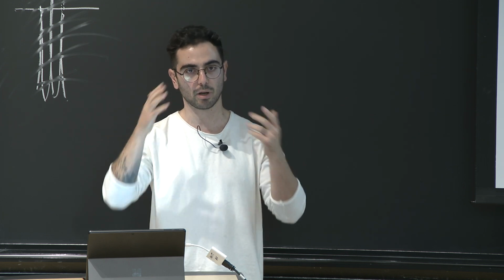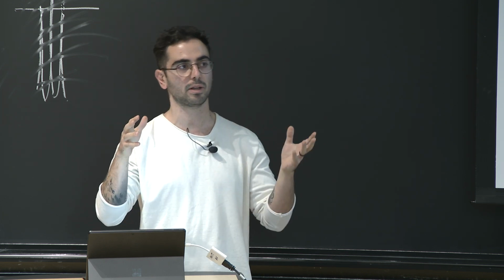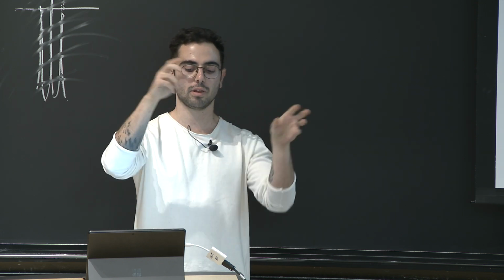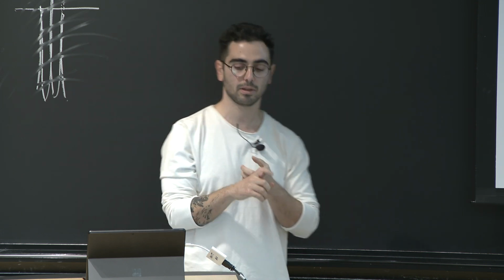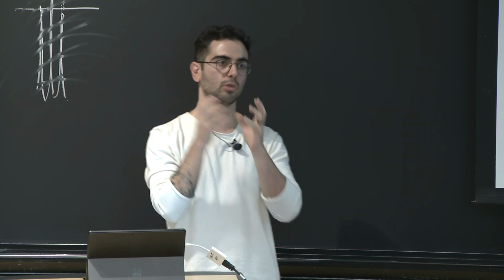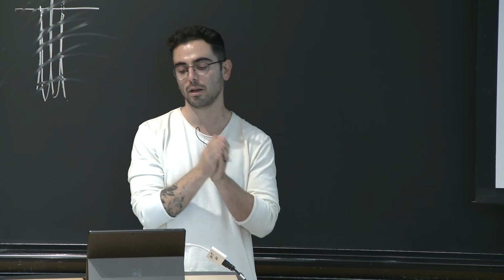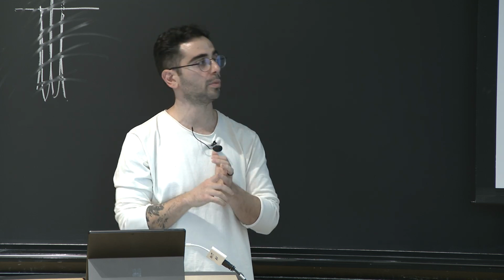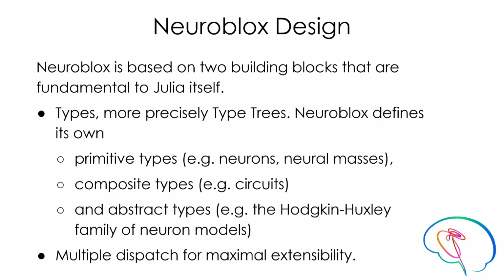Exactly like that in Julia, in NeuroBlox we have type trees of all of our blocks. And every node in that tree could be either a primitive block, that is, neurons and neural masses, blocks that contain dynamics in them immediately. They could be composite types, so composite blocks, that's blocks that contain neurons or neural masses in them, so they could represent different circuits.